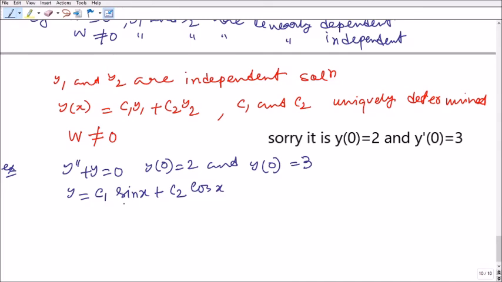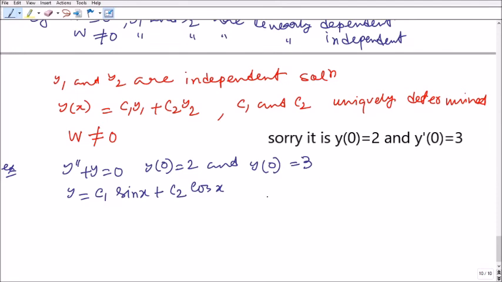So we know that y equal to c1 y1 plus c2 y2 is the general solution of the homogeneous differential equation, if y1 and y2 are any two independent solutions of the differential equation.